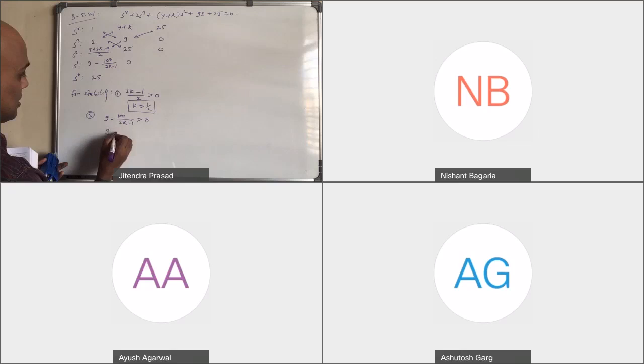Second part is this one, 9 minus 100 divided by 2k minus 1 greater than 0, and you get 9 greater than 100 over 2k minus 1. Here we have to make some assumption. So this will be always true, not an assumption, but let us see.